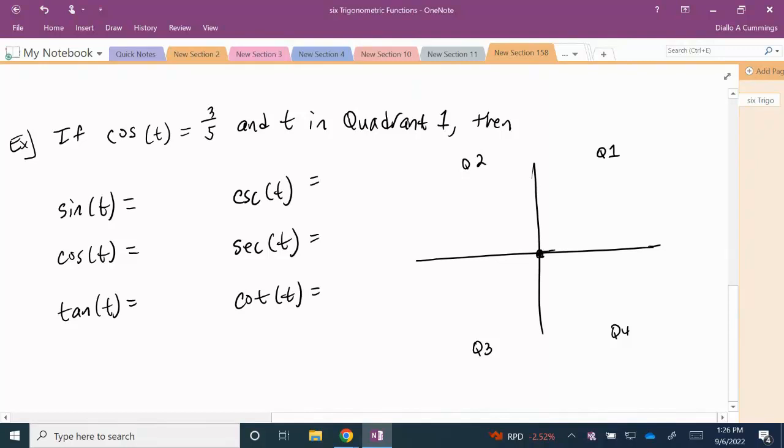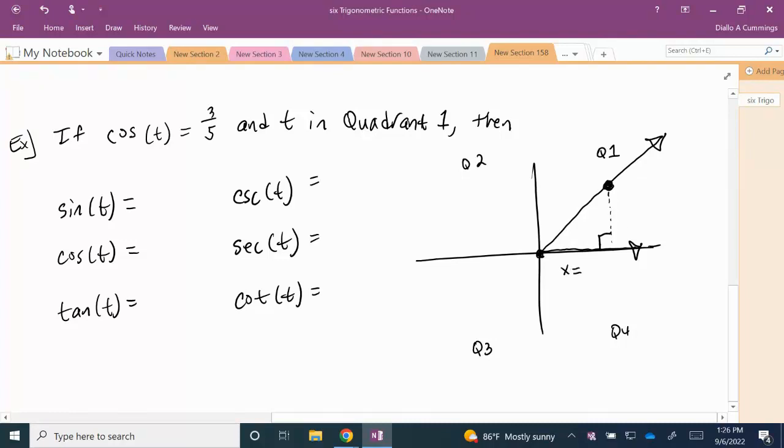Here again, standard position means that they all start along the positive x-axis. And our terminal side is in the first quadrant, which is 3/5. So I'm going to plot a point, just an arbitrary point in the first quadrant. I'm going to drop a perpendicular. You always drop your perpendicular to the x-axis.